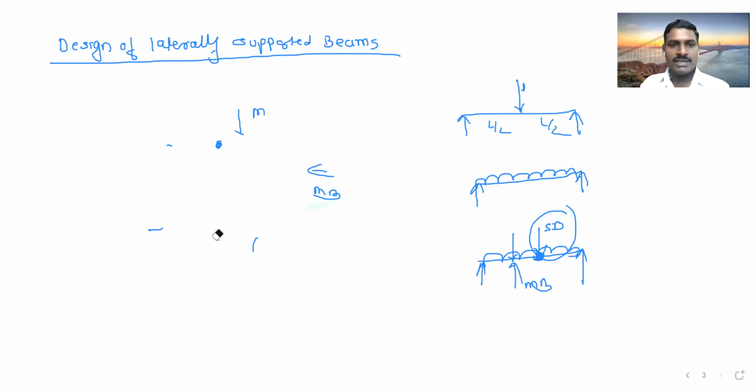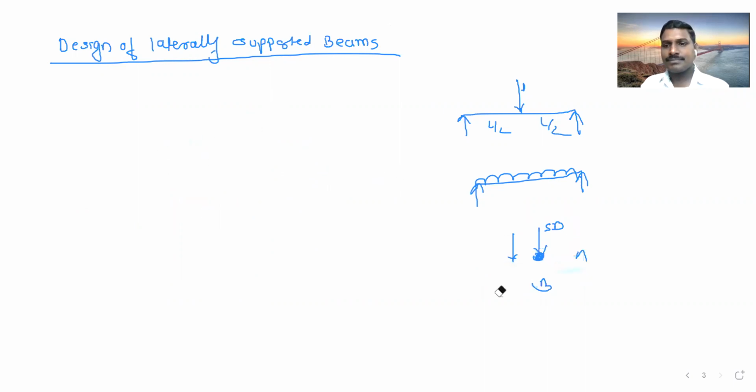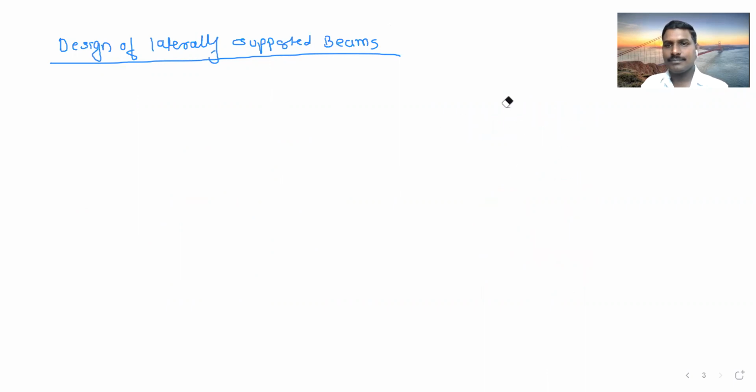Okay, I will erase this and we will see the procedure of how to design. So, design procedure. We have to solve the example on the basis of the design procedure. This design procedure is very, very important.